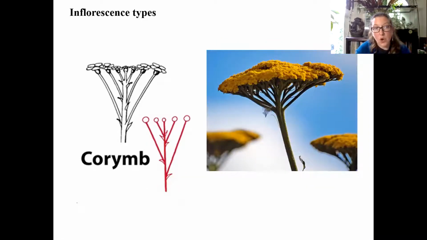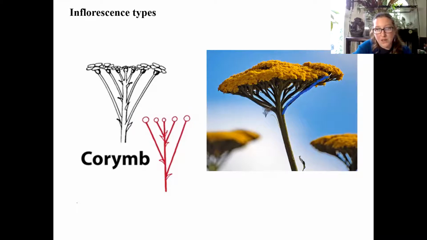Another type is a corymb. Corymb is kind of easy to identify because it looks like an upside down triangle. So like here you have the stalk, and each of the little stalks are going to be different lengths such that all the flowers will be at the same height, right?